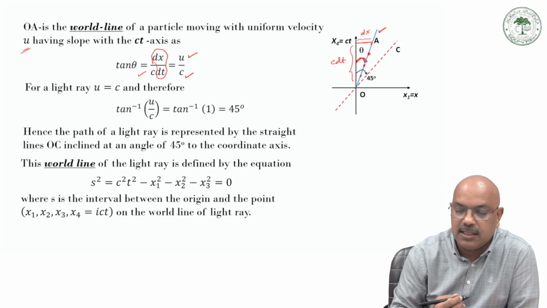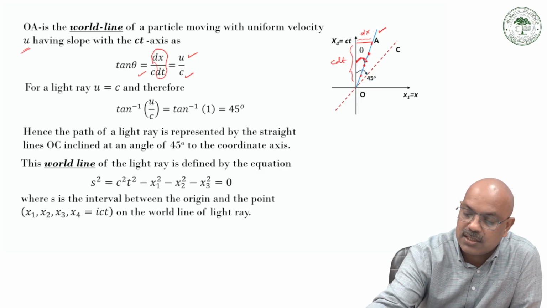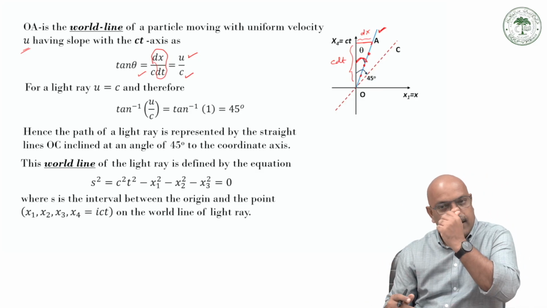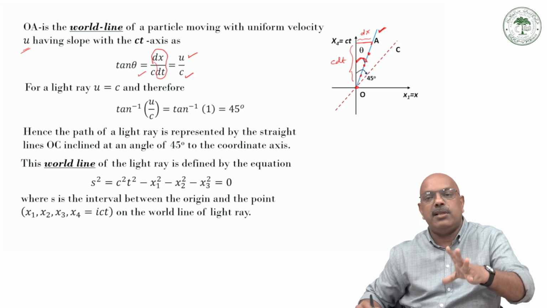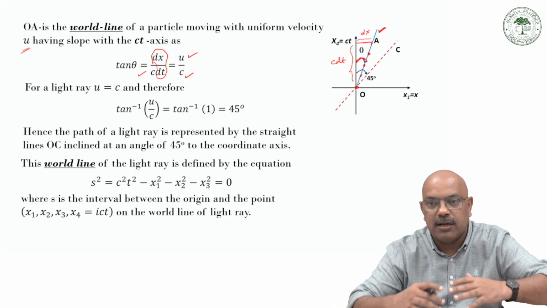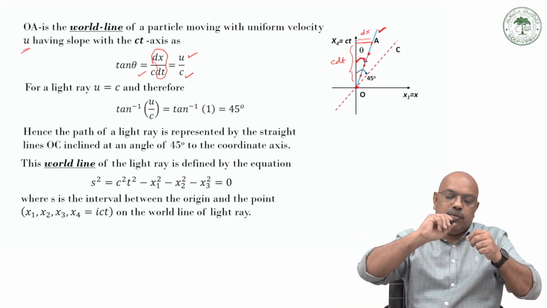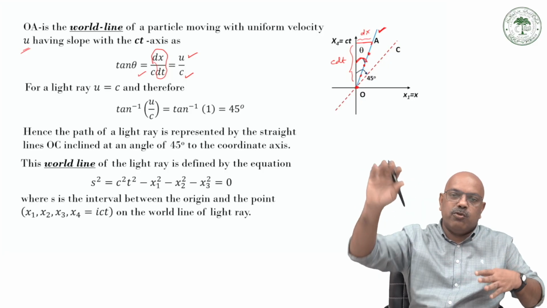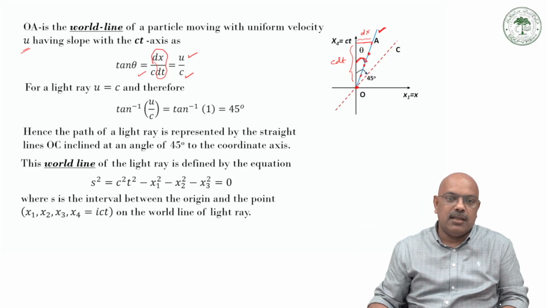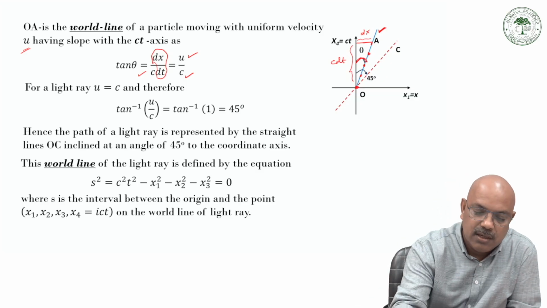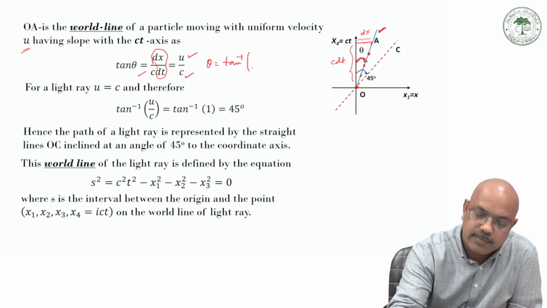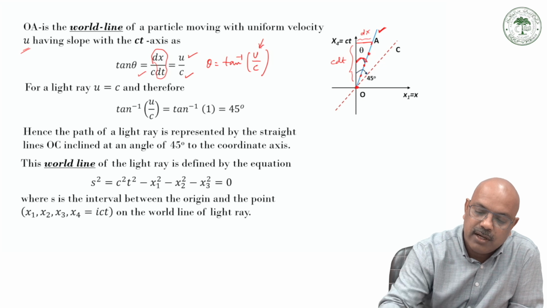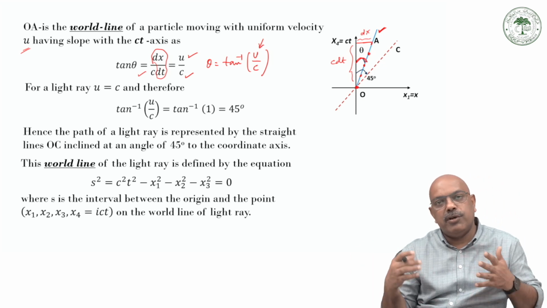Now consider that this line represents an electromagnetic wave, like when you start a pulse at the origin and the pulse moves outward. If you target one point, that is how the electromagnetic wave moves along this direction. Theta is tan inverse of u by c, but because we are talking about the electromagnetic wave, u is going to be c.